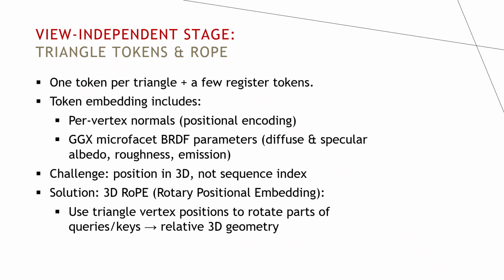RoPE is a positional encoding method for transformers where positions are encoded as rotations applied to query and key vectors, so relative positions are naturally captured. In this paper, they derive a 3D version. They take the triangle's 3D vertex positions, map them through multiple frequencies, and use them to rotate part of the token embedding. This encodes 3D relationships while remaining invariant to pure translations of the whole scene.